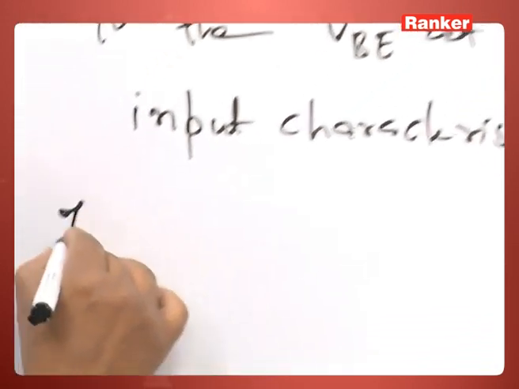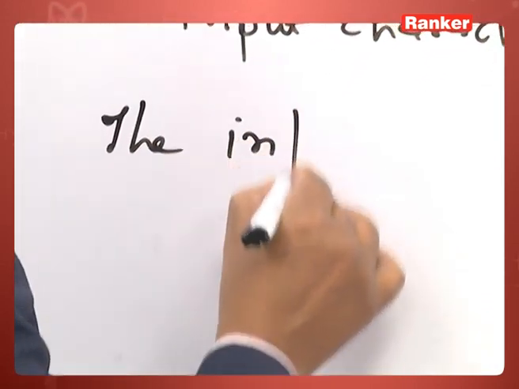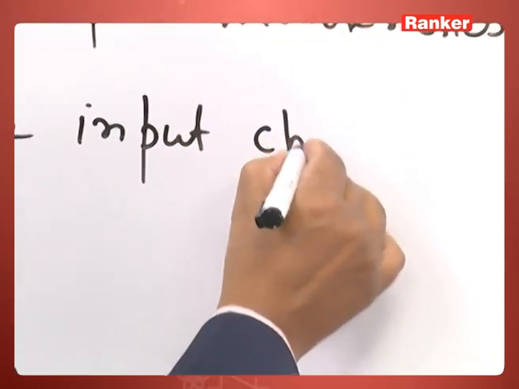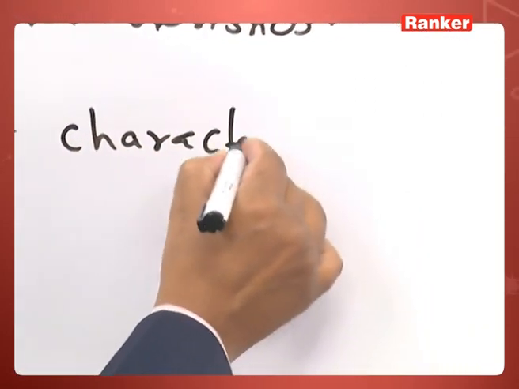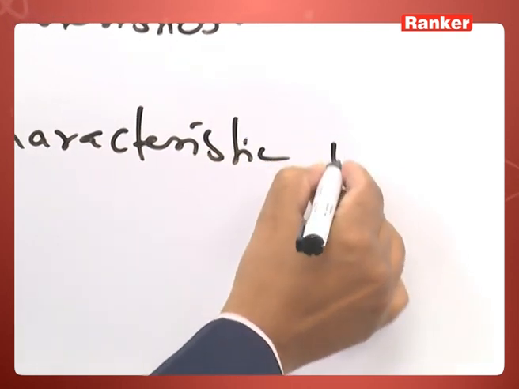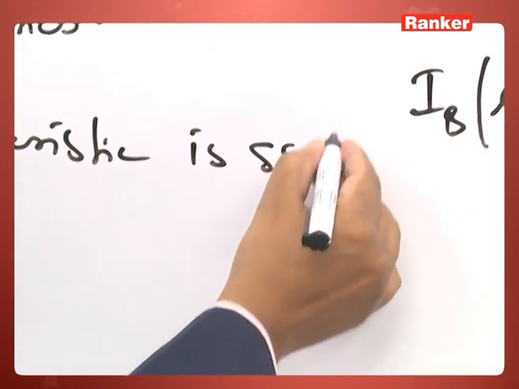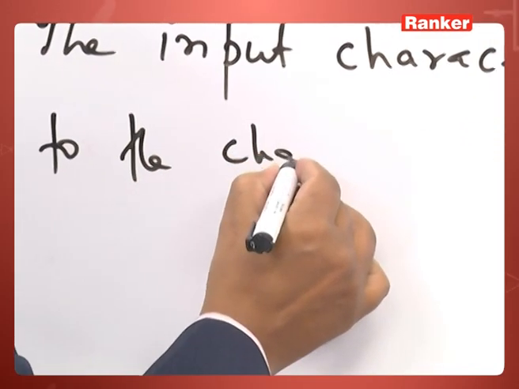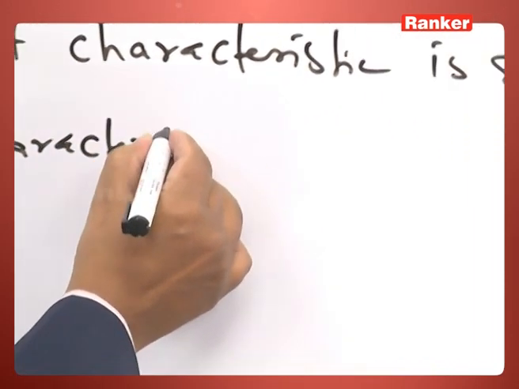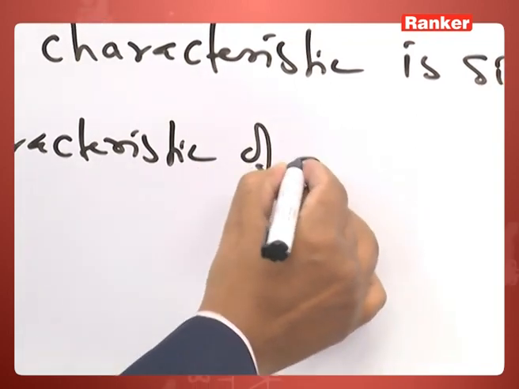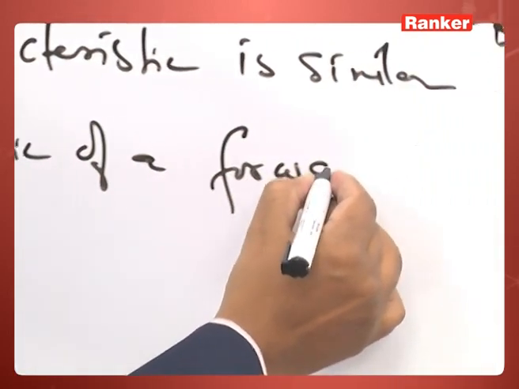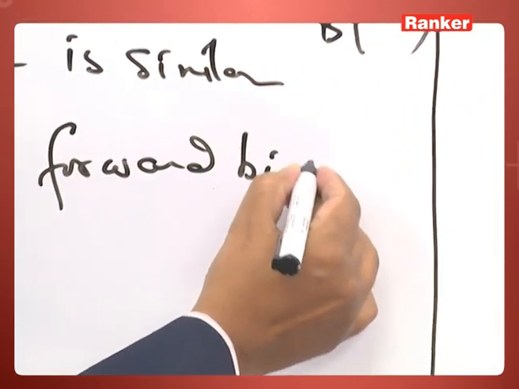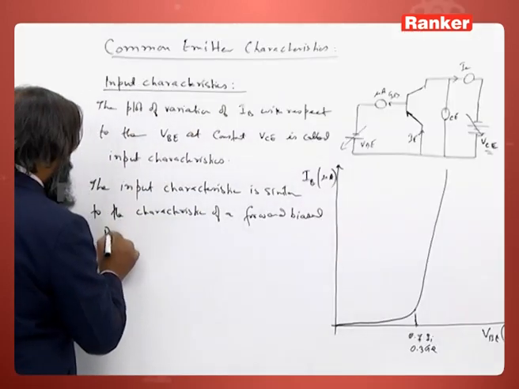The input characteristic is similar to the characteristic of a forward biased PN junction.